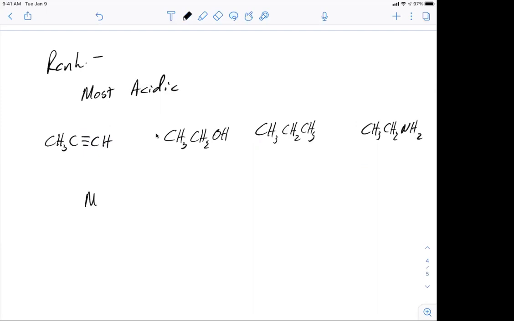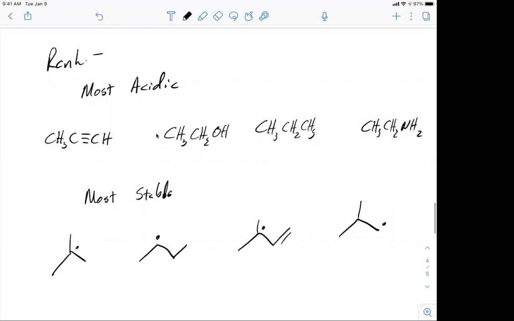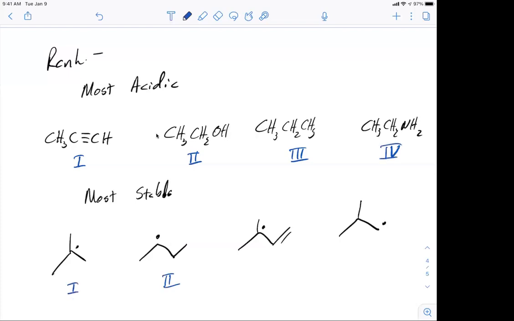Now this next one, give me the most stable. And to make it a little easier, 1, 2, 3, 4. Okay. So let's take a little time on this one.